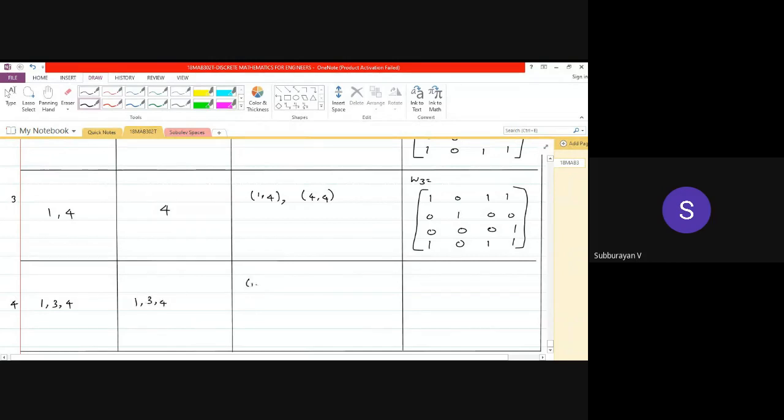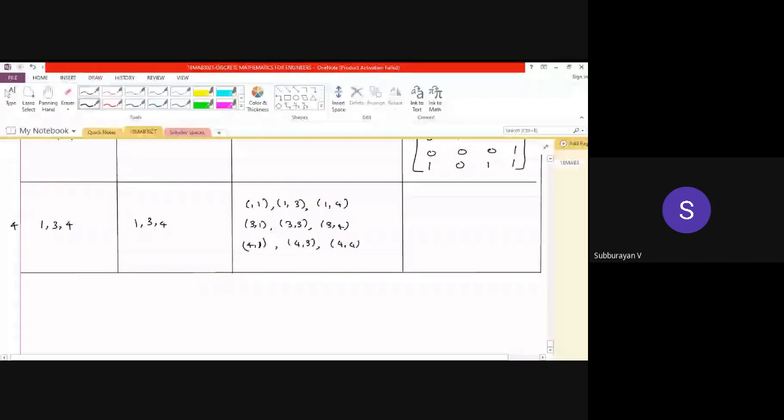First take 1, then 3, then 4: 1, 1; 1, 3; 1, 4; 3, 1; 3, 3; 3, 4; 4, 1; 4, 3; and 4, 4.